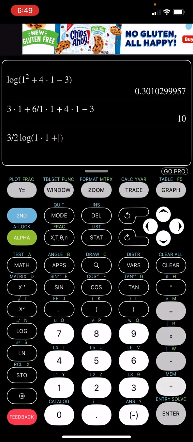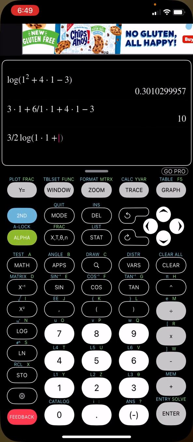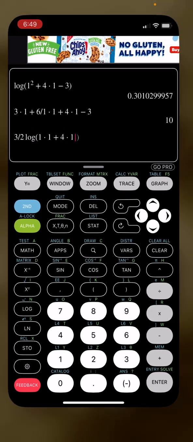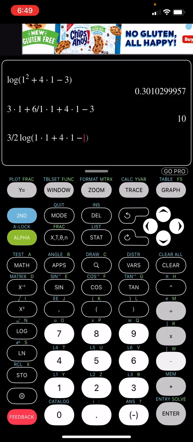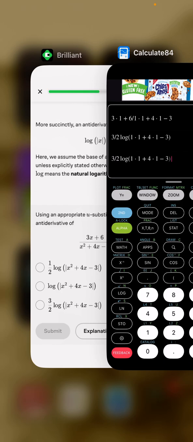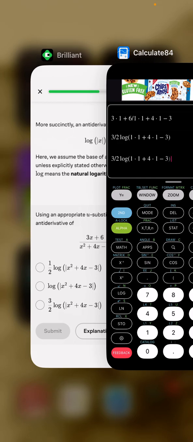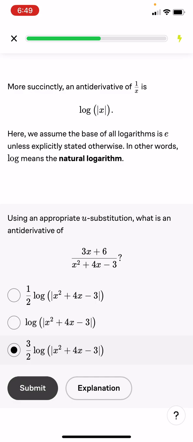Okay, 1. I'm not sure. Out of all of these, I think it would have to be this.